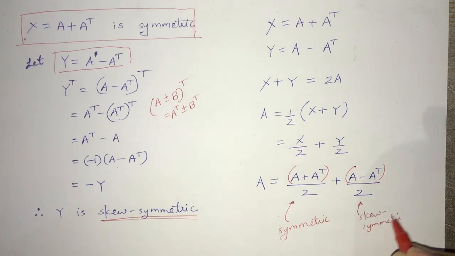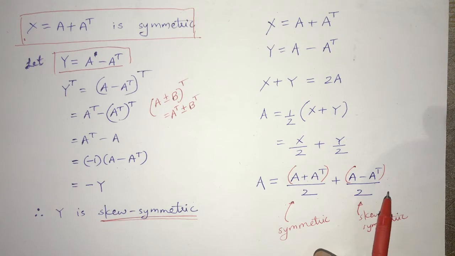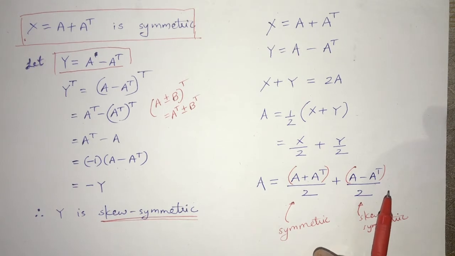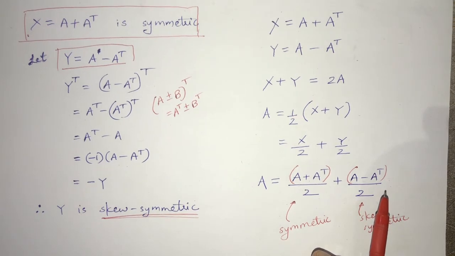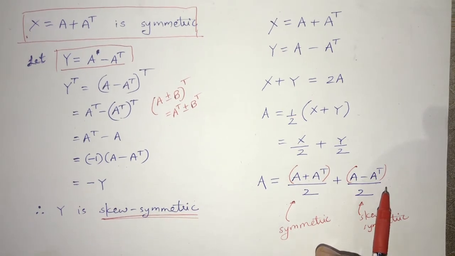So if you see A, you want to write A as a sum of two matrices, a symmetric and a skew symmetric matrix. It is possible. A plus A transpose by 2 will become the symmetric part, and A minus A transpose by 2 will become the skew symmetric part.